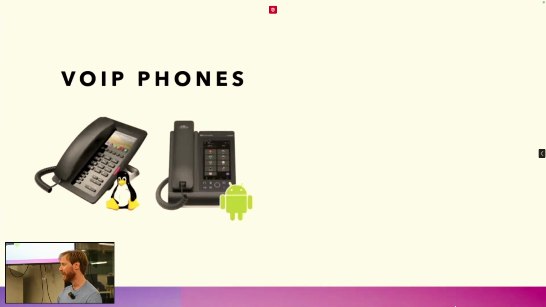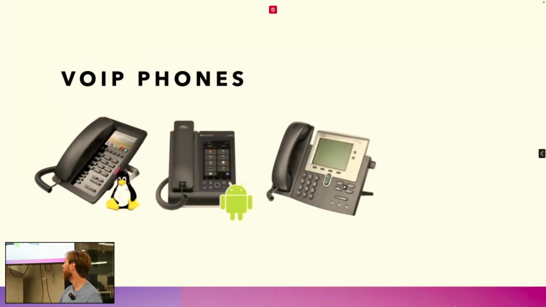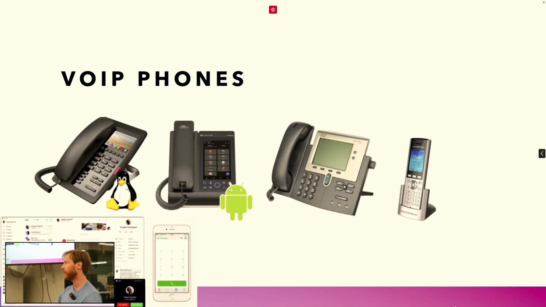But anyway, we got whatever Cisco makes, I don't know, but everybody who's ever been in an office building has seen these. They're still used all over the place, but they're proprietary. And you've got these cordless ones, which I've got. You've got all sorts of different types of things. You've even got apps, like I was saying. You've got ones for iOS.